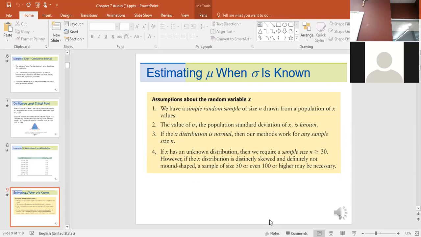The margin of error is E equals Z alpha over 2 times sigma over square root of n.